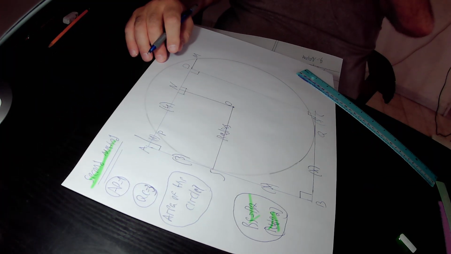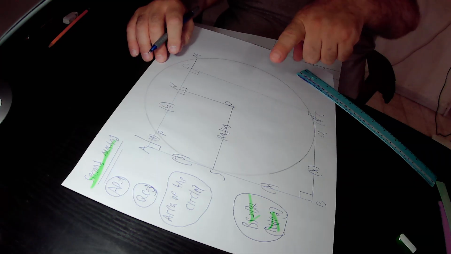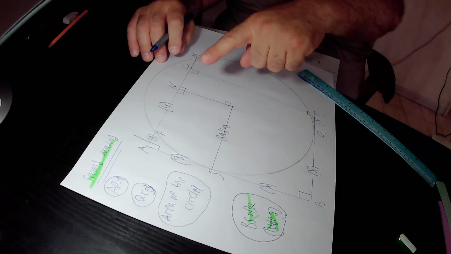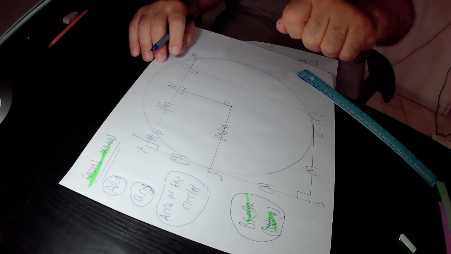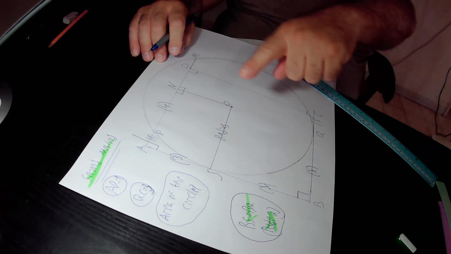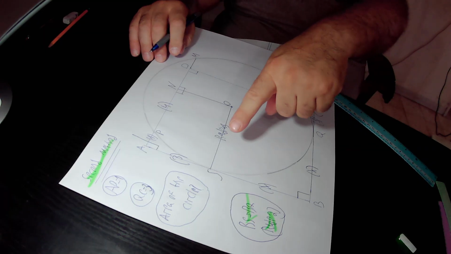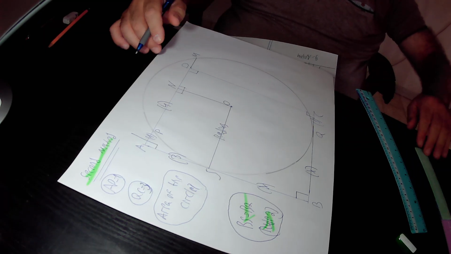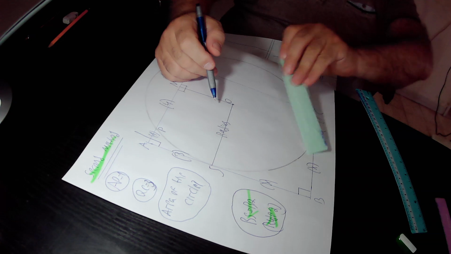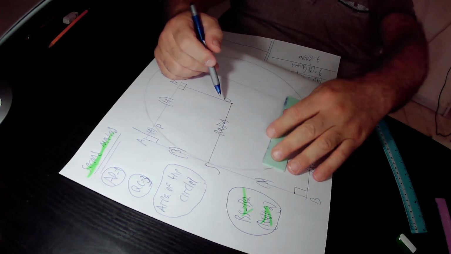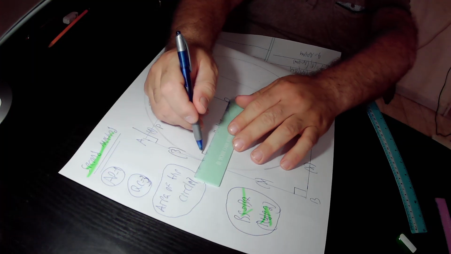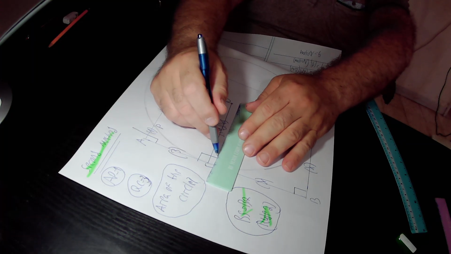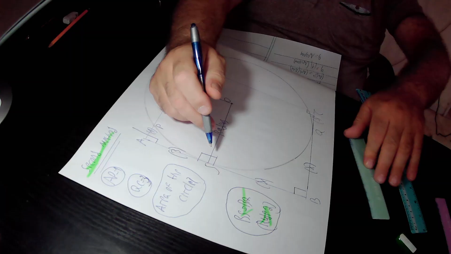Here, the radius OS is drawn to point S, the point of tangency of tangent AB with this circle. Whenever a radius is drawn to the point of tangency, the tangent AB will be perpendicular to the radius SO. So this angle equals 90 degrees, and this angle also equals 90 degrees according to Rule 1.